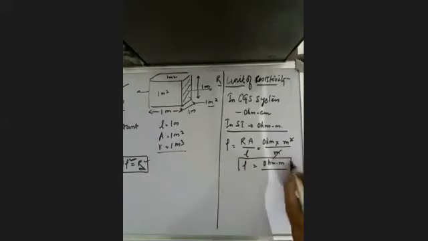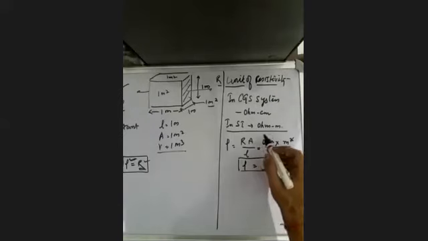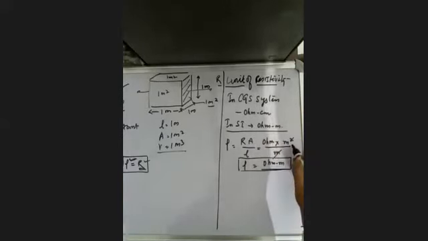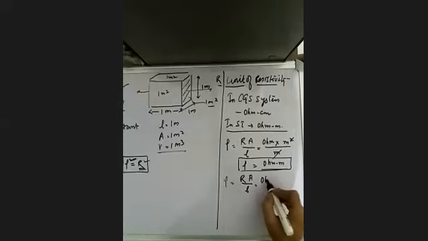If we take the CGS system, then the length and area are measured in centimeter and centimeter square. So rho will be equal to RA divided by L. R is in ohm, area is centimeter square, and length is centimeter.